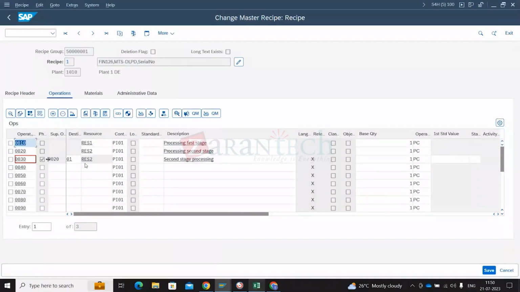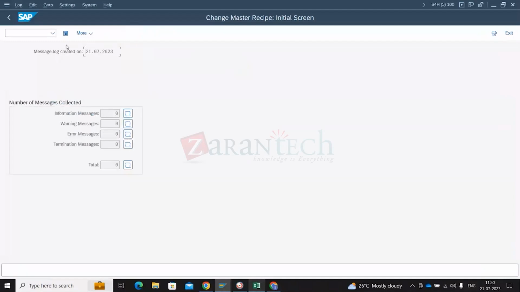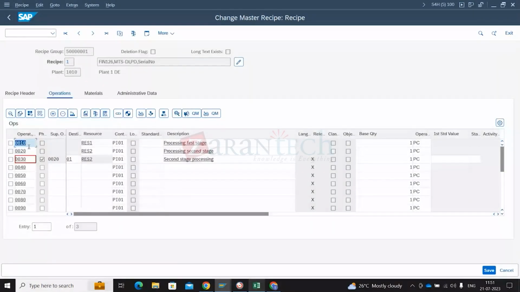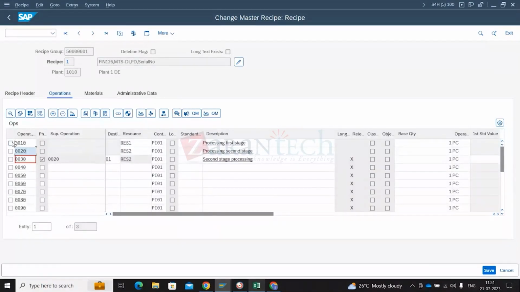This one, I mean, beside this, like selection button at the top. And for the first 0020, can you please mention superior operation as 0010 as well? I've seen that. Where? Here? For this one also, it was missing. Yeah, but now it doesn't allow me to change it.